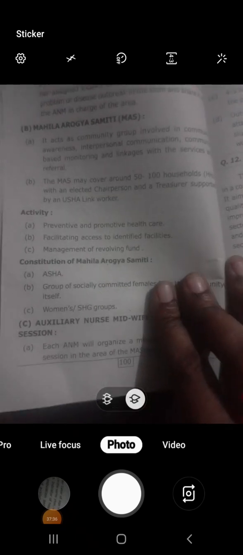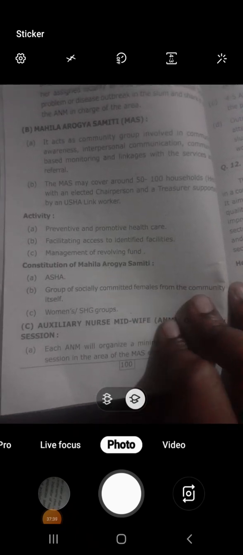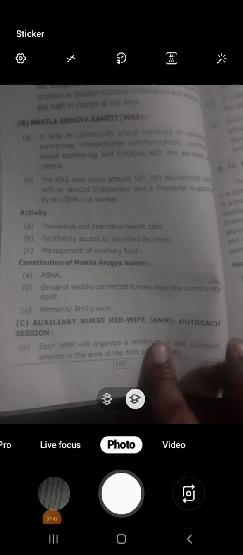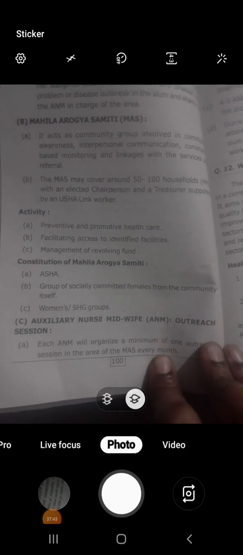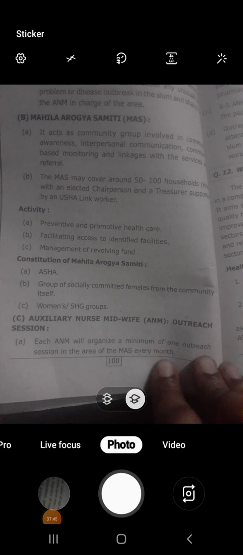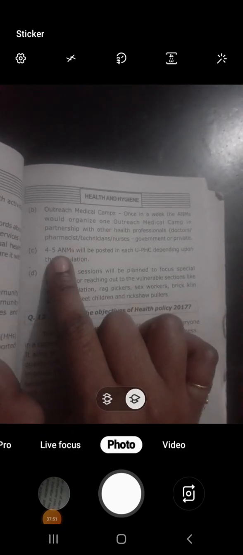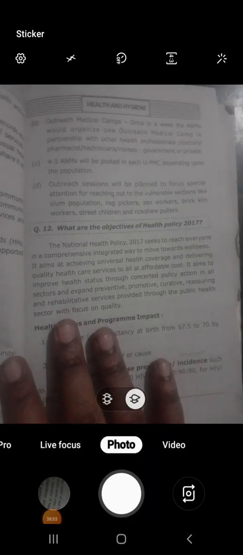The constitution is ASHA, women's and SHG groups. For the auxiliary nurse, we are having a minimum of 1 outreach session in the area every month. We can say outreach medical camps we are going to have once a week, and 4 to 5 ANMs will be posted in each. Outreach sessions will be planned to focus special attention on reaching out to the vulnerable sections.